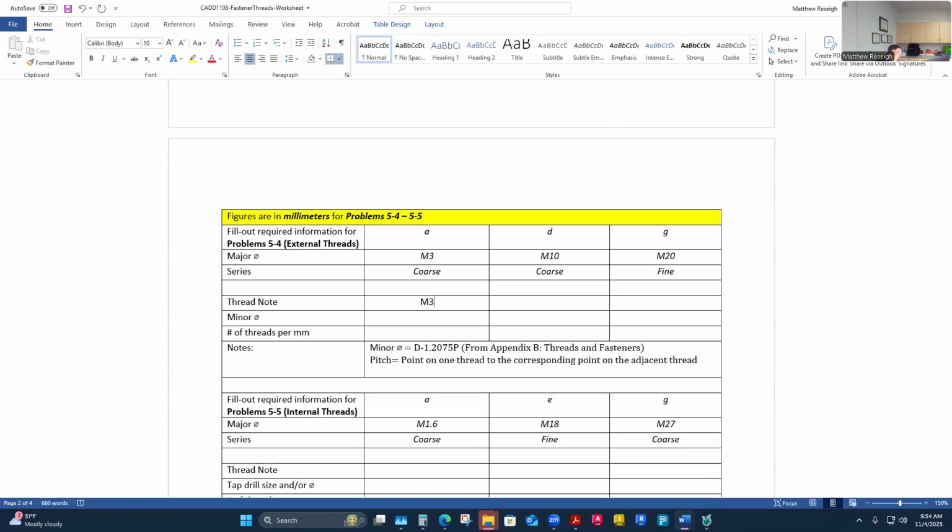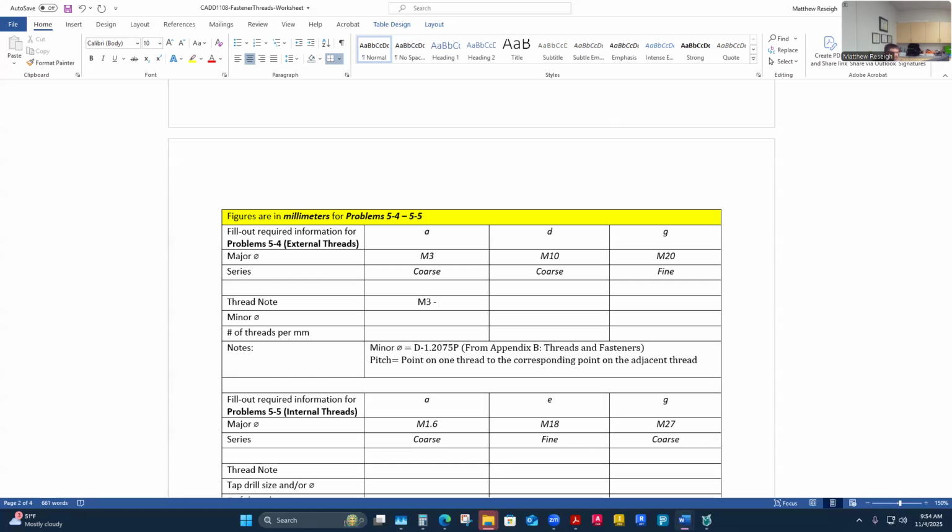With UNC and UNF, the fractional form of the major diameter cues me in that it's the unified national system. An M in the front is my cue that I'm in metric mode. And when I see a 3, I instantly think of millimeters. So that's a 3 millimeter major diameter, just by having that.